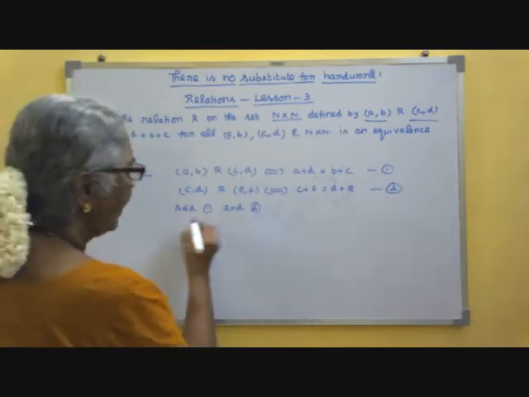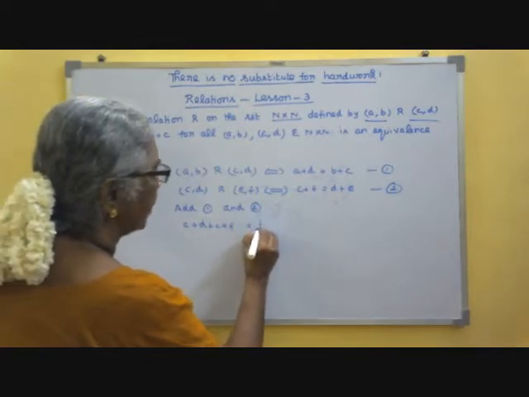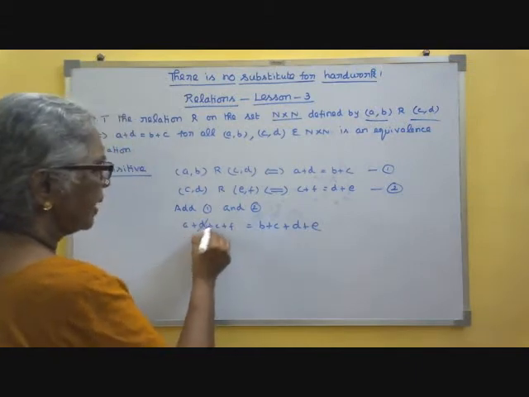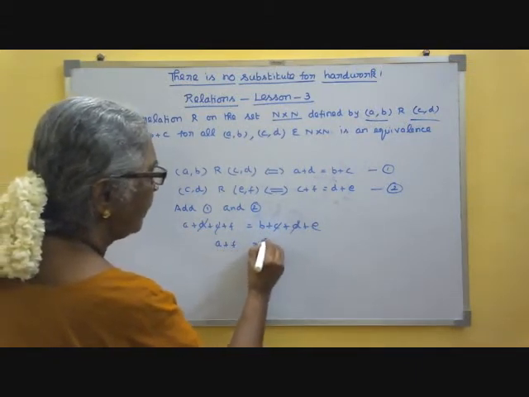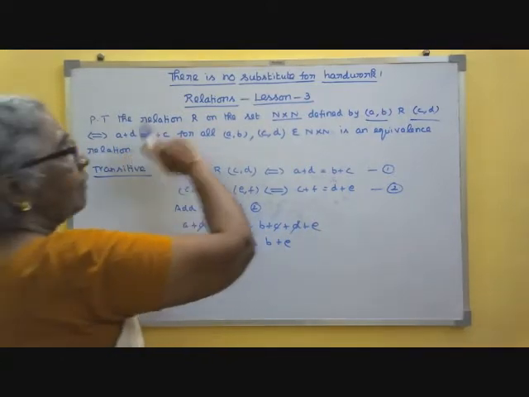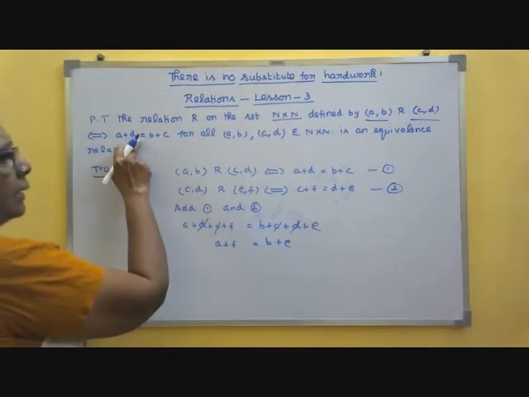So now what will I get? A plus D plus C plus F is equal to B plus C plus D plus E. C and D will get cut on both sides. So I will get A plus F is equal to B plus E. Now if this is given, we can write that. See here, A plus D, first element, last element.